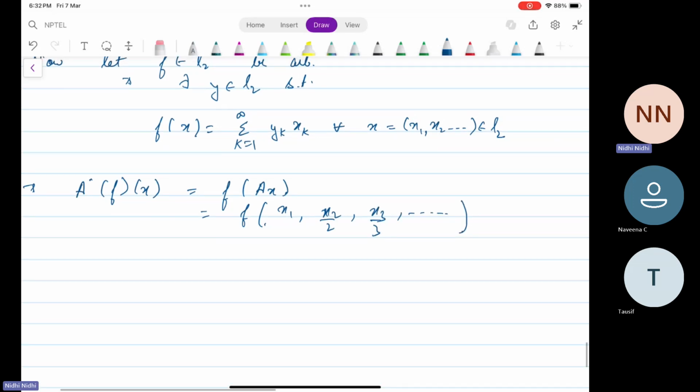And f is defined as this, equal to summation k from 1 to infinity yk, and here the kth term is xk by k, for every x equal to x1, x2, and so on in L2.